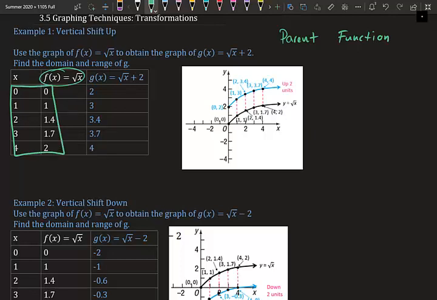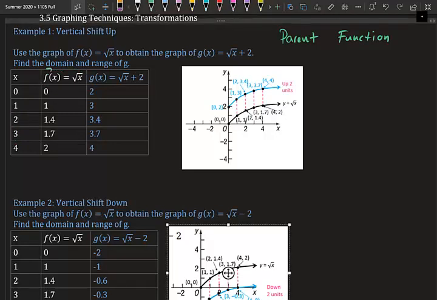Honestly, I would memorize roots, I would actually memorize 4, 9, 16, because we know the square root of 4 is 2, square root of 9 is 3, square root of 16 is 4. But yeah, you would have to memorize those values for the parent function.